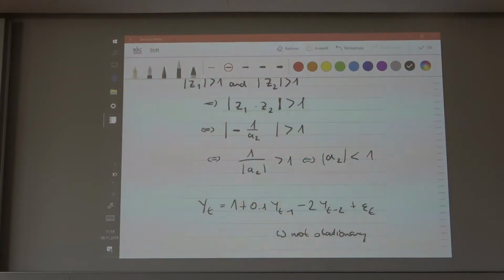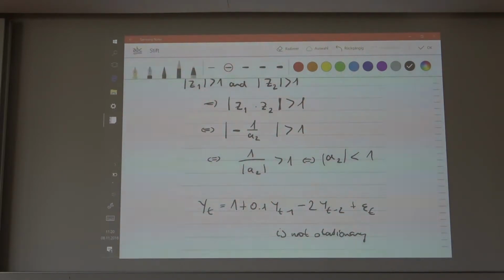Now there are of course multiple ways to show that. Let's say you get a second order autoregressive process in the exam, and you're supposed to show that the process is stationary. You have two options. The first option is you show that the roots of the polynomial all have an absolute value greater than 1.